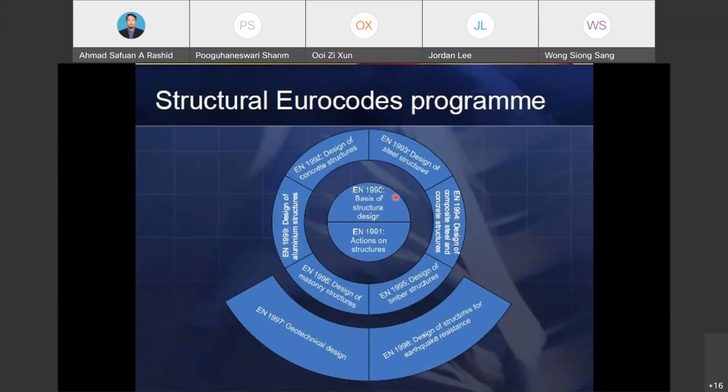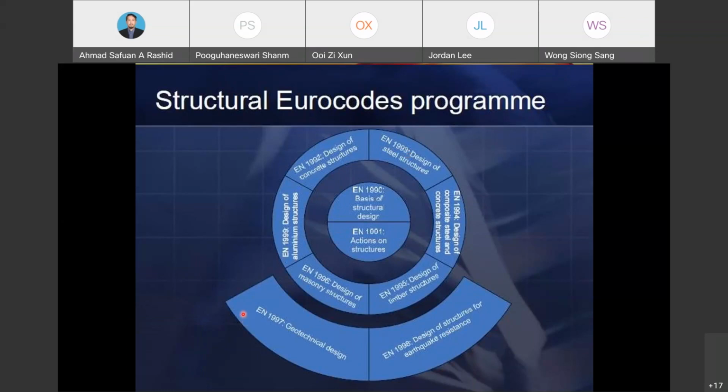The main items are EC0 and EC1. Then all the related components from EC2 to EC6 are more related to structural components.